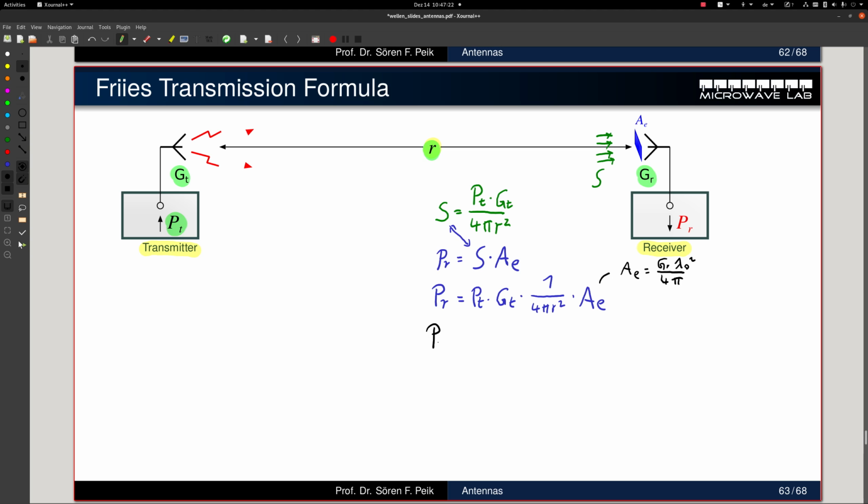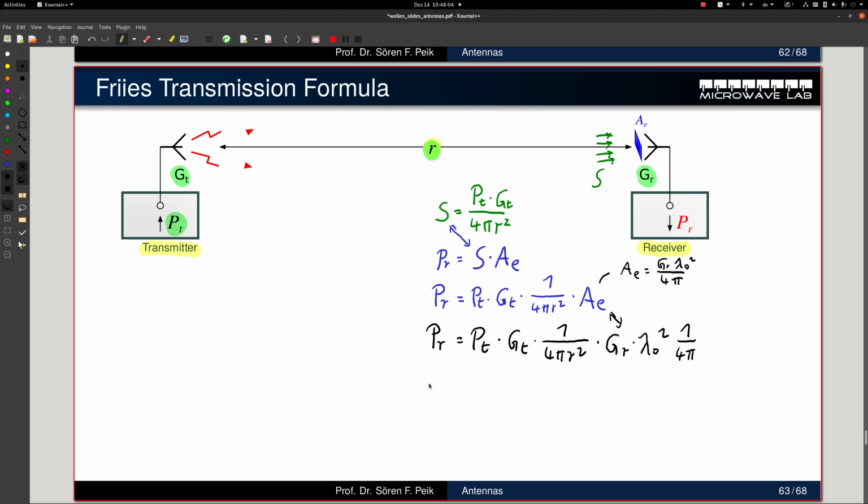Then we get P received is P transmit times G transmit times 1 over 4 pi r squared times G received times lambda naught squared over 4 pi, just plugging that in. Now I have my received power only in terms of values which I usually know: my transmit power, my gains, my distance and my frequency.